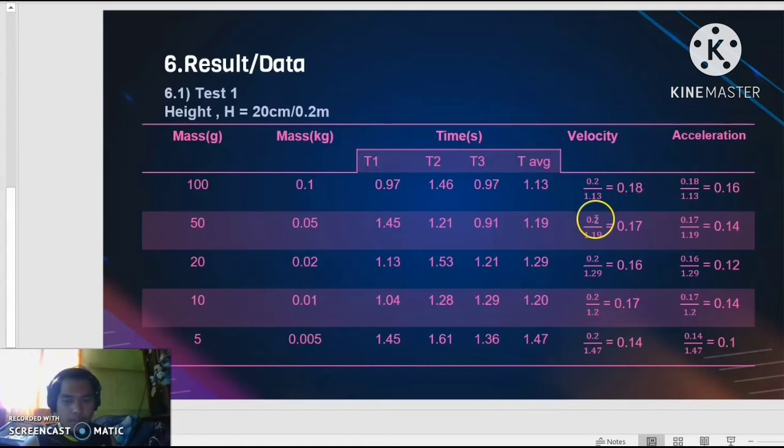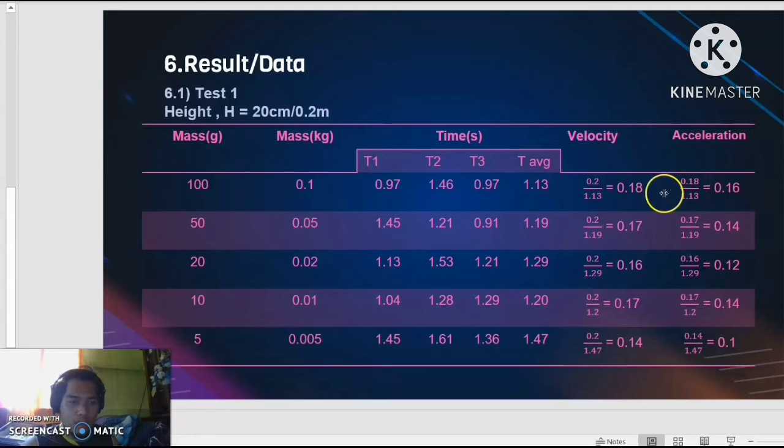For the second experiment of 50 gram, we got 1.17 velocity. The third is 0.60 velocity. Fourth is 0.17 velocity, and lastly 0.14 velocity.